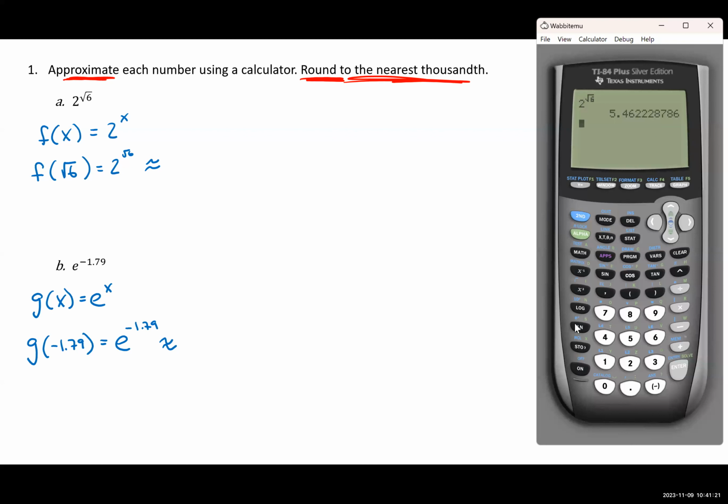So for right now, we don't need to know or worry about what ln stands for, but we do need e to the x, which is above the ln. So I'll hit second, then I'll hit the ln key. So now on the screen, you see e with an empty exponent. So I'll go ahead and type in negative sign. So negative 1.79.